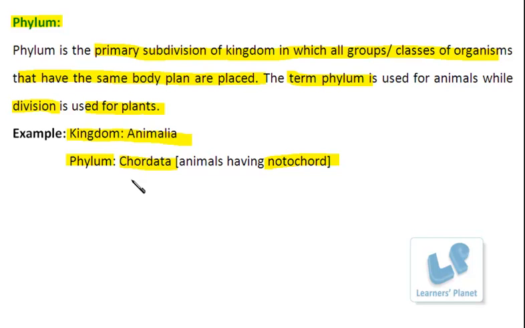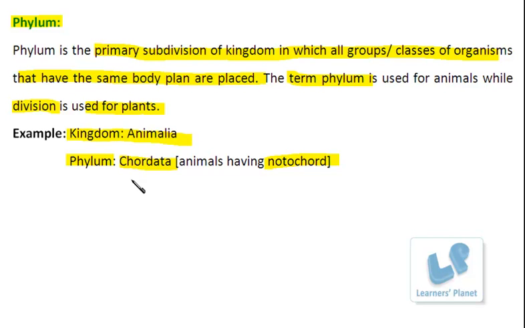Let me say, like angiosperms, that is the flowering plants, right? They bear seeds which are enclosed inside fruits. So that is one of the divisions. Whenever studying animals, use the term phylum, and whenever you are studying plants, always use the term division. Now further, let us see how this phylum is subclassified.